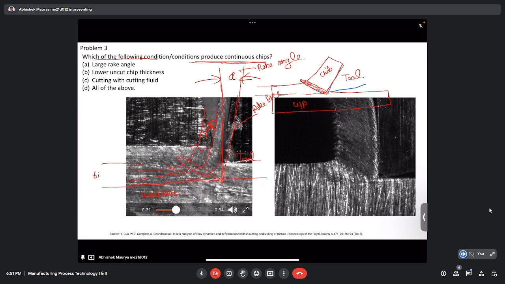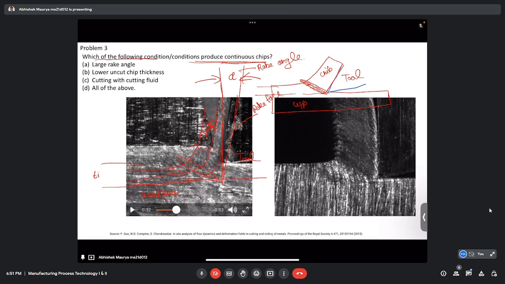So what we can say, in all 4 cases we are trying to cut a ductile material. The only change which we are making is we are changing the rake angle of the tool. In the first case, if you see, the rake angle is alpha, and if you know the convention, if our rake angle is in this direction, then it is called positive rake.